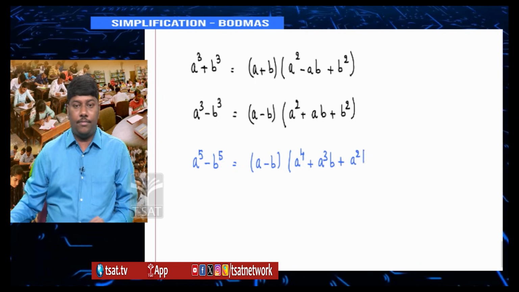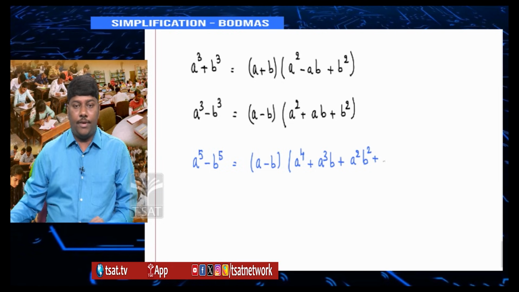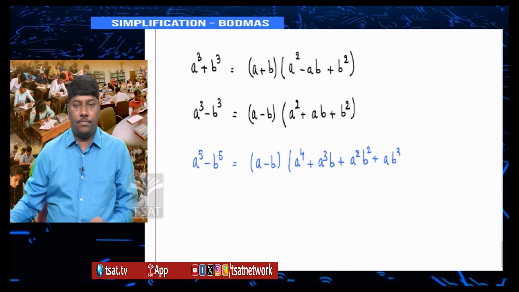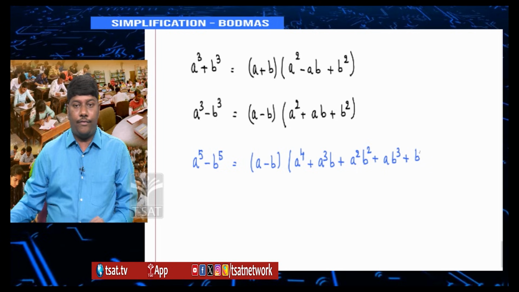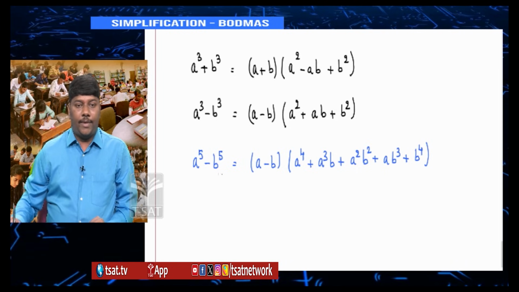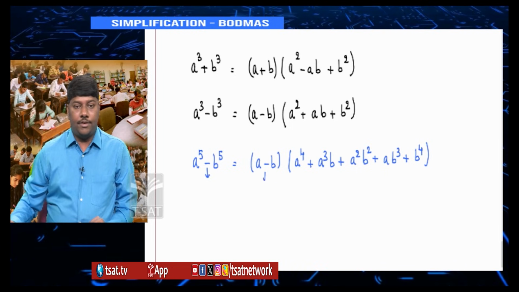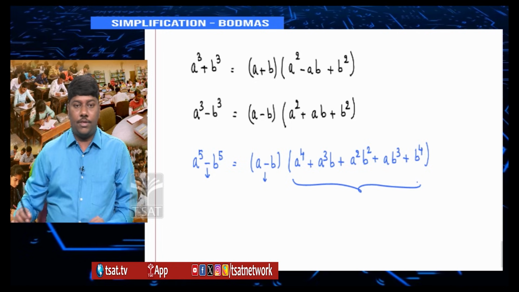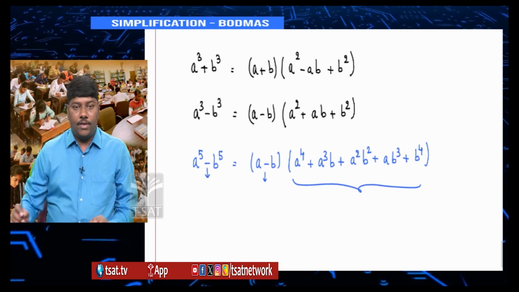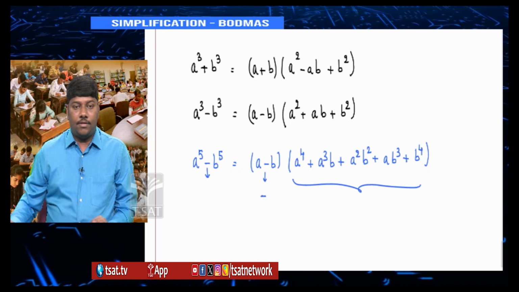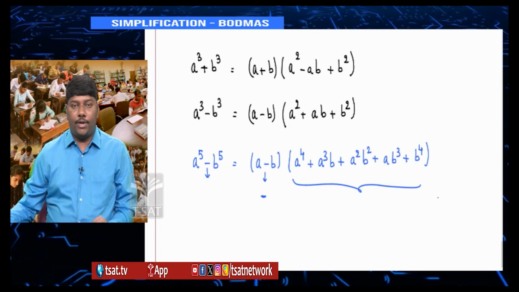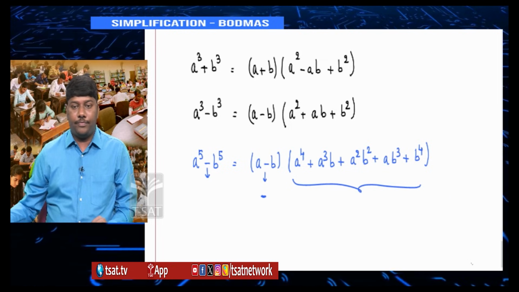So, a square b square plus ab cube plus b power 4. When you have minus in between, only minus comes here. All of them are plus terms. When suppose plus comes here, then plus in the first one, then alternatively you get negative terms.